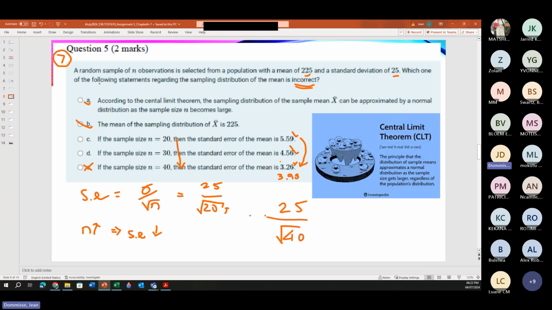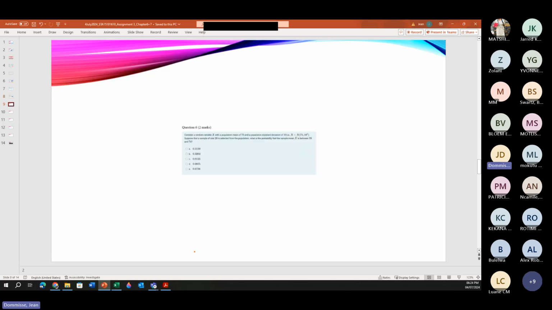Okay, so that is nearly the point out of this one, and that is why they also included the central limit theorem, to show this basic trend. As sample size increases, your standard error will decrease. Okay, so let's look at the next one.